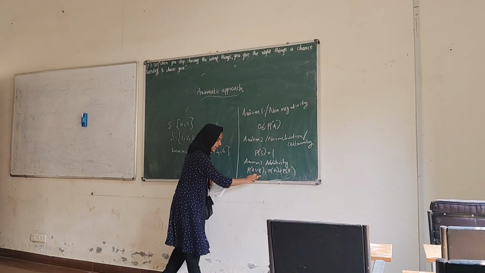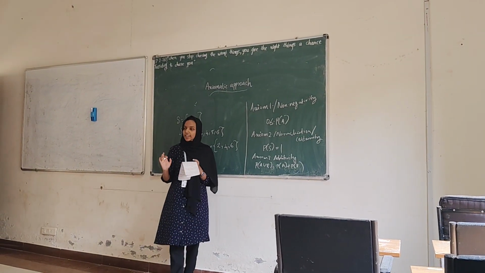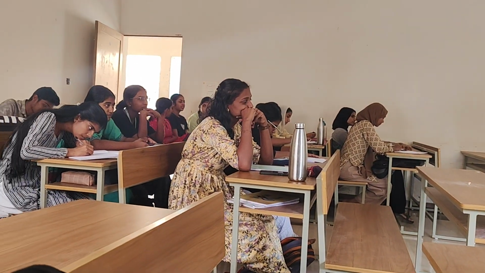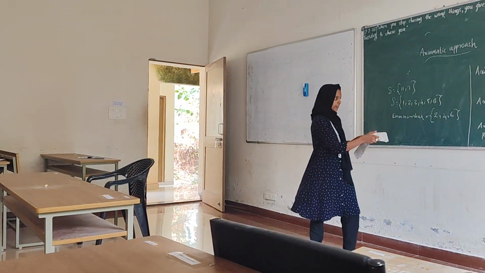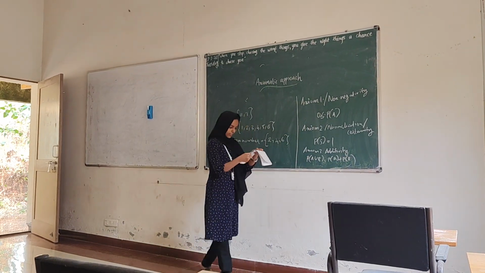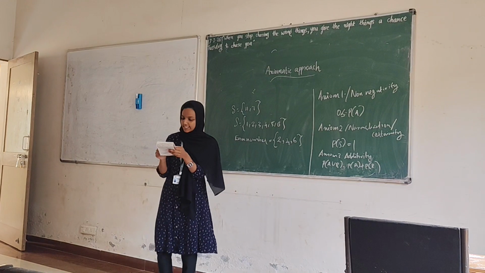If two events A and B are mutually exclusive events, that means they cannot occur together, then the probability of A union B is equal to the probability of A plus the probability of B. This is the third axiom, also known as additivity. These axioms are called the Kolmogorov axioms.